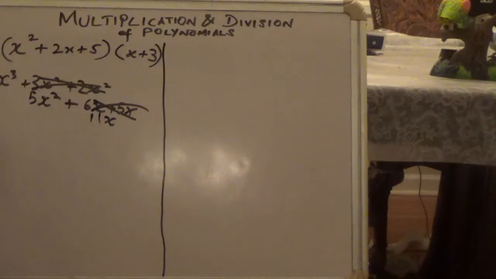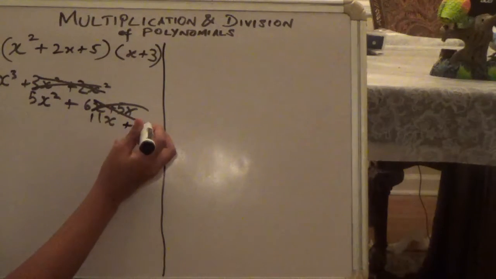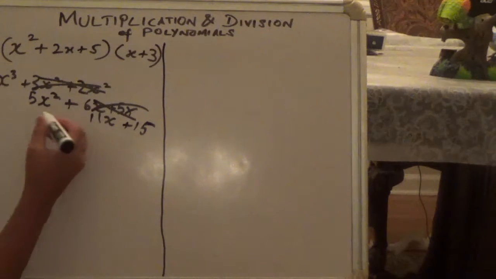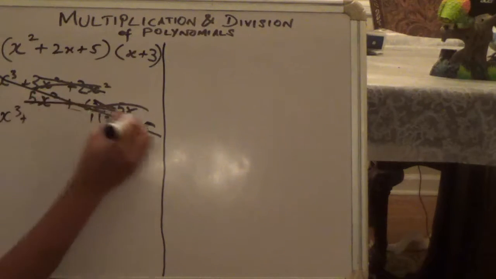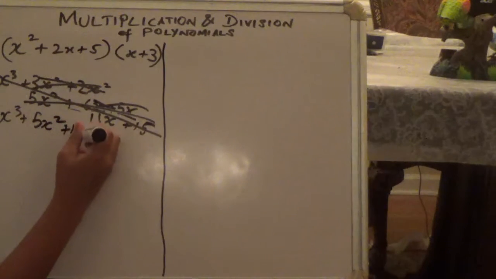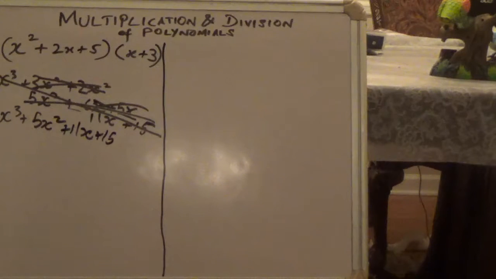And then 5 times 3 is 15. So we successfully multiplied our polynomial to get x cubed plus 5x squared plus 11x plus 15. Perfect.